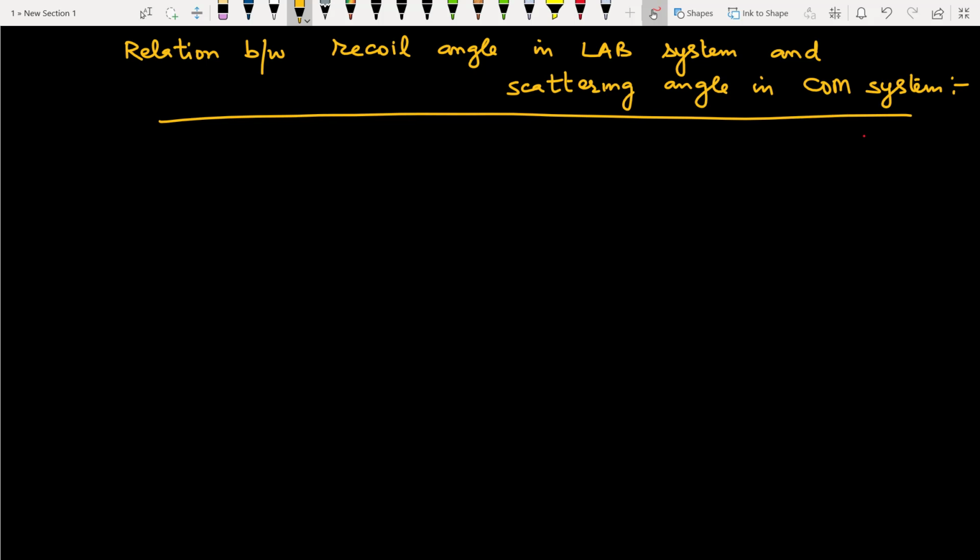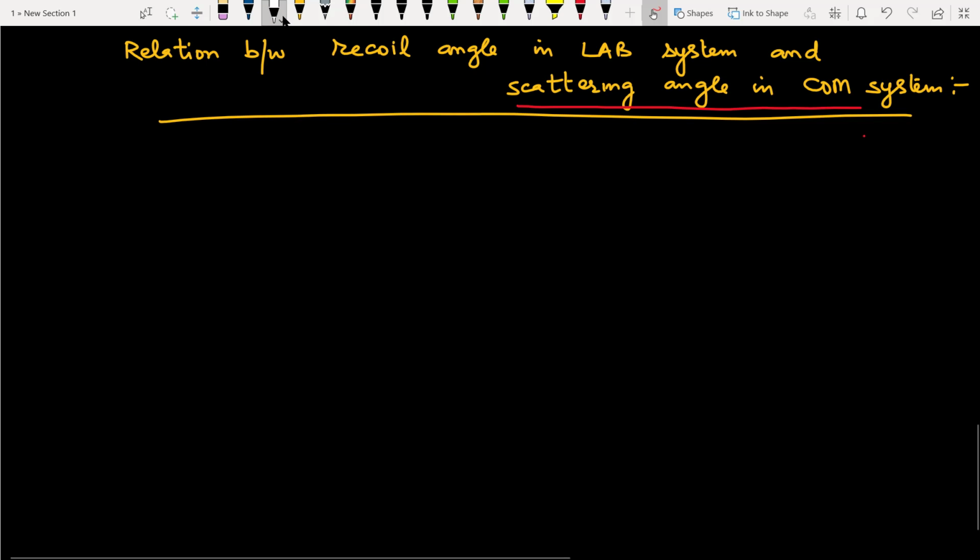So dear students, as we have studied in the previous lecture, scattering angle in center of mass system is also equal to recoil angle in center of mass system. So you can read this article as relation between recoil angles in lab system as well as in center of mass system.